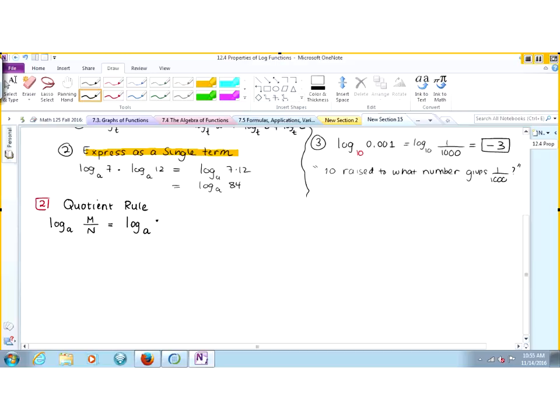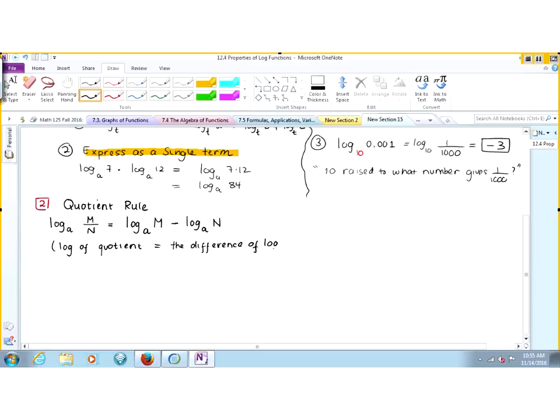Yes, you should say log base A of m minus log base A of n. That's right, good. This is called the difference of logs. So the log of a quotient is equal to the difference of logs.